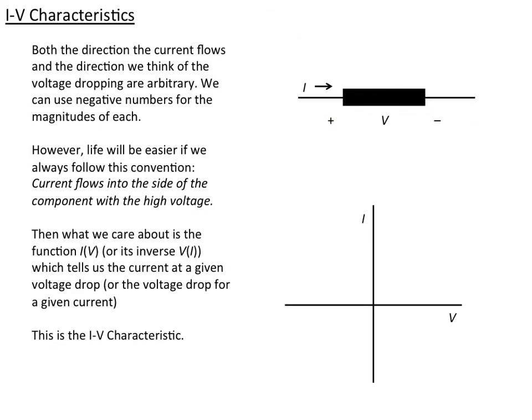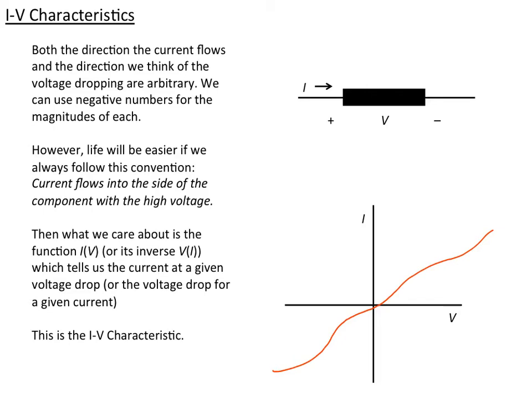So once we have this convention, all that we care about in a component is how the voltage drop relates to the current, and we can think of that as a function of the current with respect to the voltage, or the voltage with respect to the current, and that will be some line or pseudo function on this plot, as I've drawn here in red.